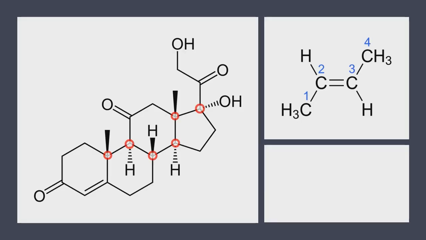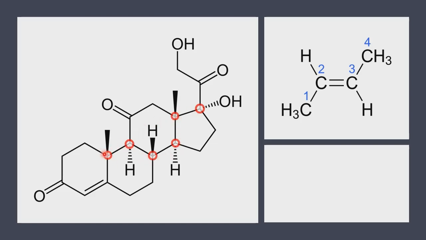When we speak about chiral centers, take a look at the molecules here. They are arranged in such a way that we can find all the different chiral carbons. Wherever there is a point in a molecule where four different groups or four different atoms are attached to a carbon, that is called a chiral center. These red dots represent the chiral centers.